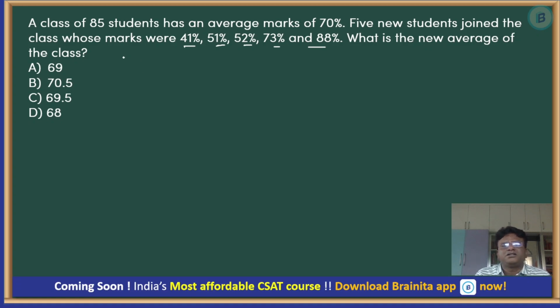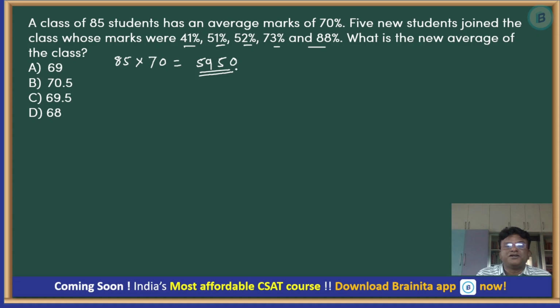Now this is a fairly simple question if you solve it with the normal method. The total marks of 85 students earlier were 70% each, so 85 into 70 is 5950.